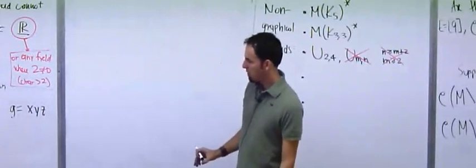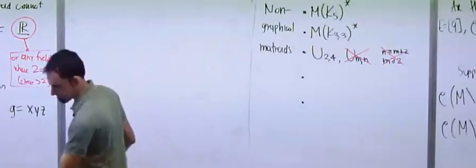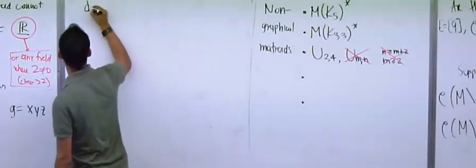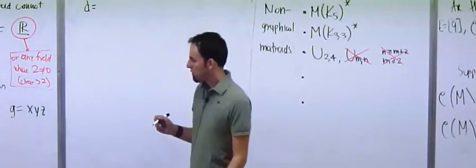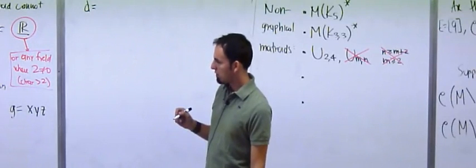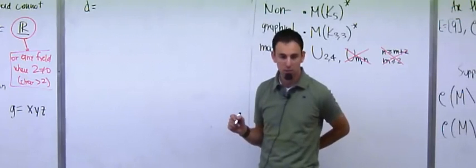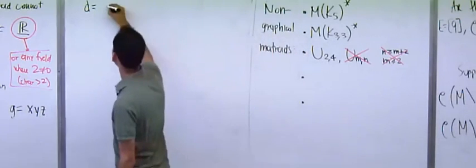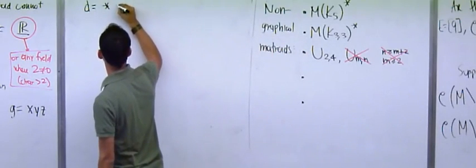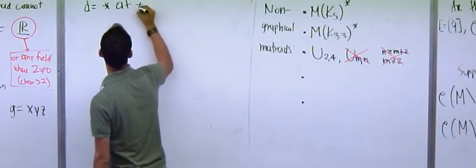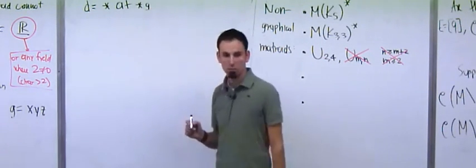So now I want to say this. Look at vector D. D is a combination of A and G, because ADG is a circuit. So D is a combination of A and G, right?